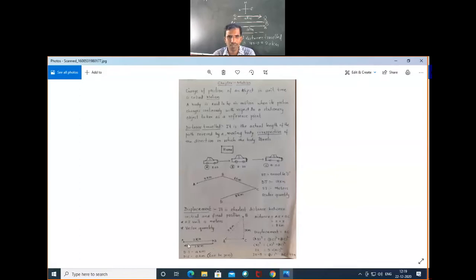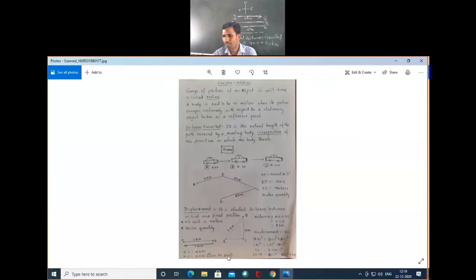Again, a person is traveling from A to B, and from B he is coming back to the point A, taking 2 kilometers. So what is the distance traveled? Distance traveled is 4 kilometers in total, but displacement is 0, because he is going to that place and coming back to the same place. So the distance between the initial position and final position is 0. That's why displacement is 0.